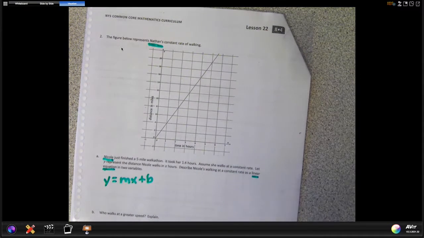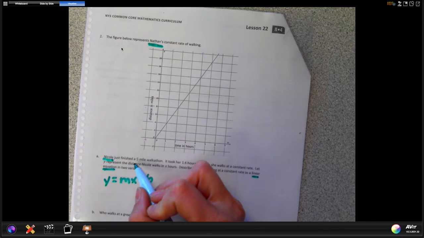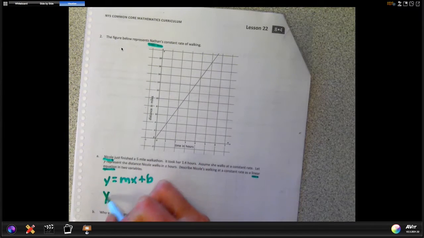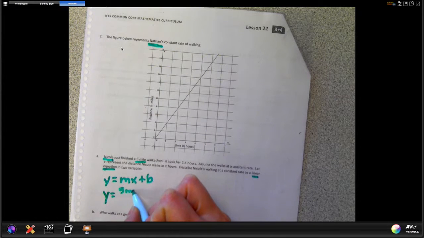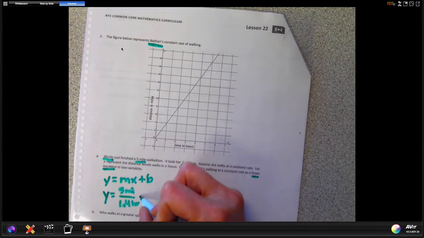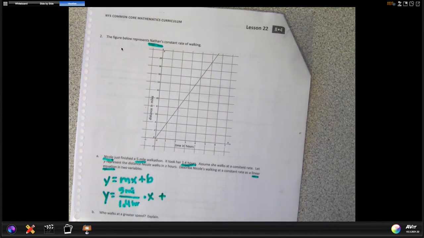into variables. So now what we want to replace m with is the slope for Nicole, the rate of change, the constant rate. So I'm going to start my y equals: she walks 5 miles in 1.4 hours. So here's my rate of change, or my slope, times x, I'm going to put the time in this one, plus b, meaning plus where she started.